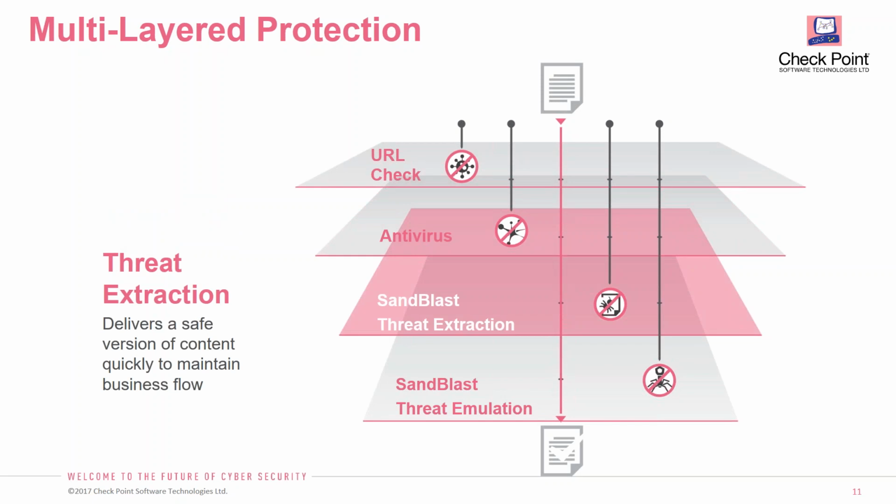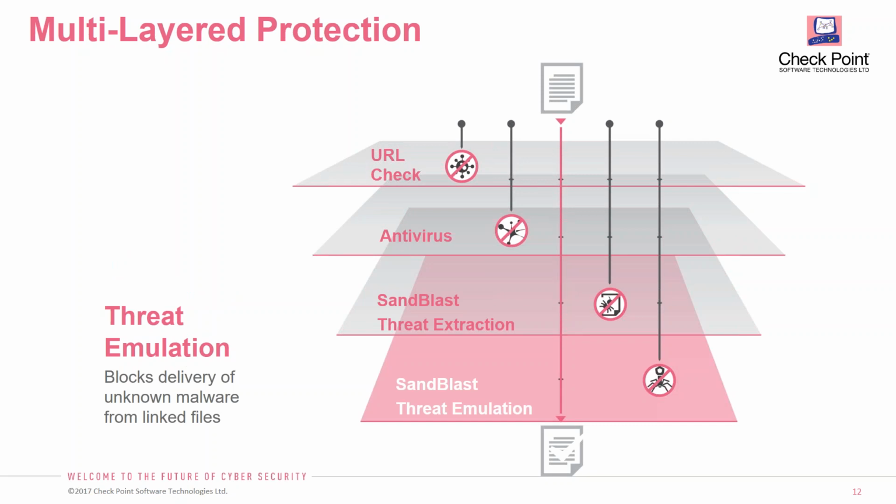Now, one of the cool things that we offer, as we've discussed, is threat extraction. We'll see what this does in just a second. In short, it guarantees a great user experience by cleaning the file of potential threats and making sure we continue with that very quick business flow and don't disrupt the user.